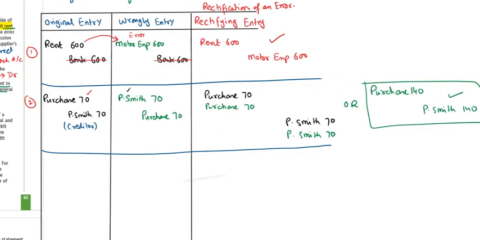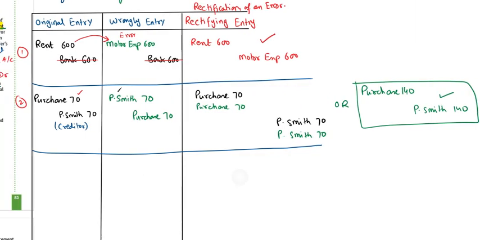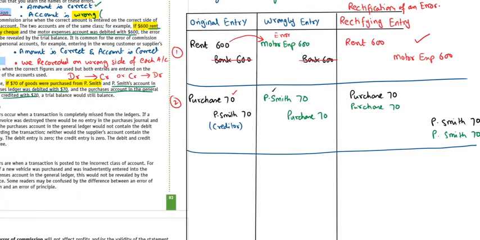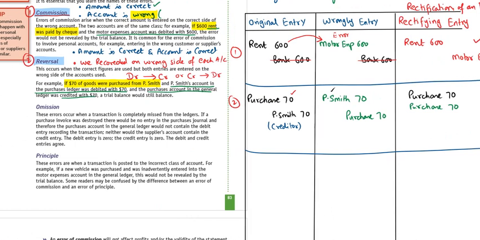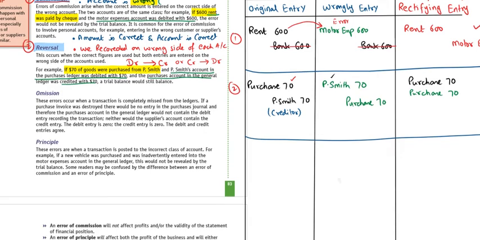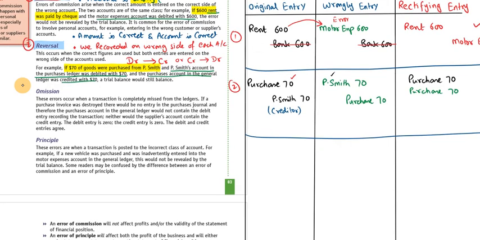Got it? Any problem? Okay, so here is the last entry. The next entry we will discuss in the next lecture. So the third error is the error of omission.